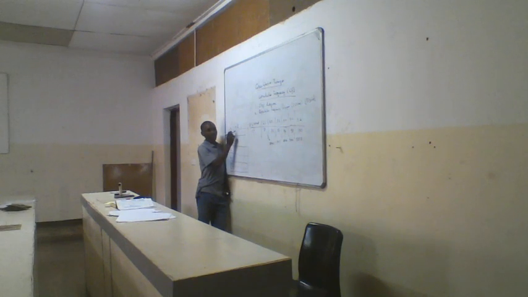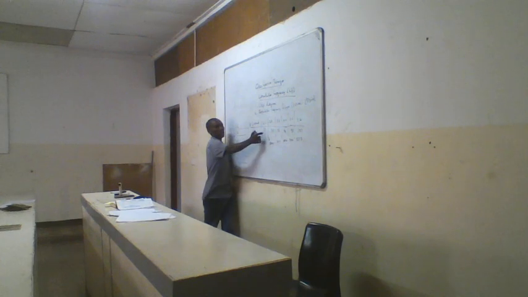For the first one it is 33, no problem. To come up with the second, you take this plus that: 33 plus 42, which is 75.